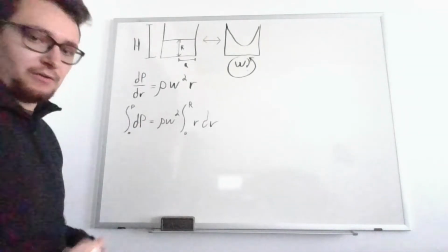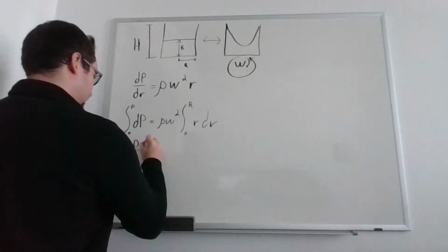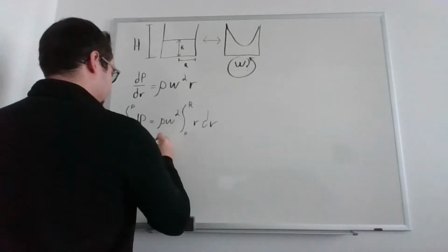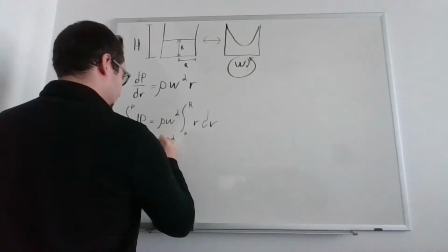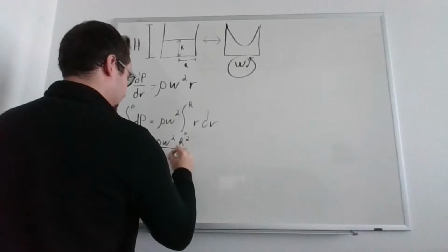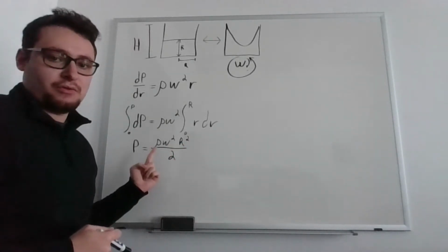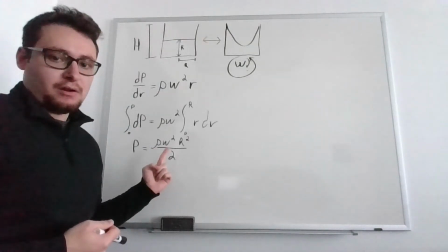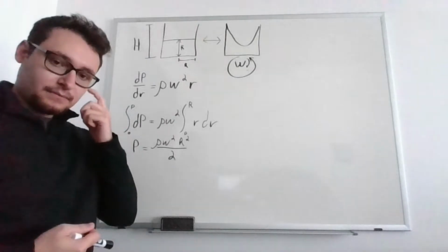So let's finish up the integral. So we get our rho, our density, our omega squared, our r squared over 2.